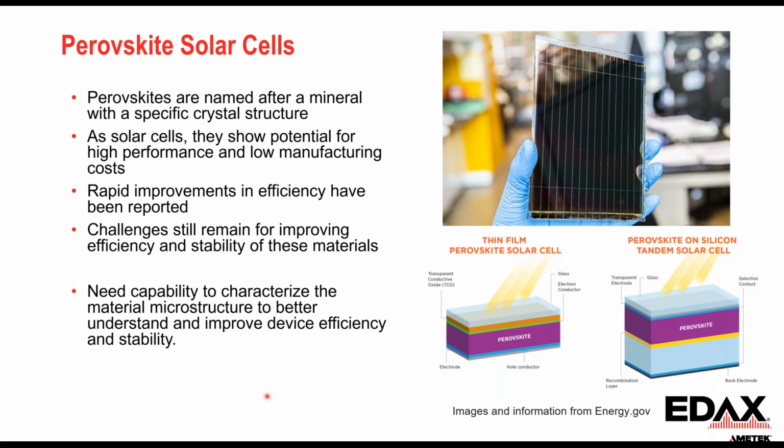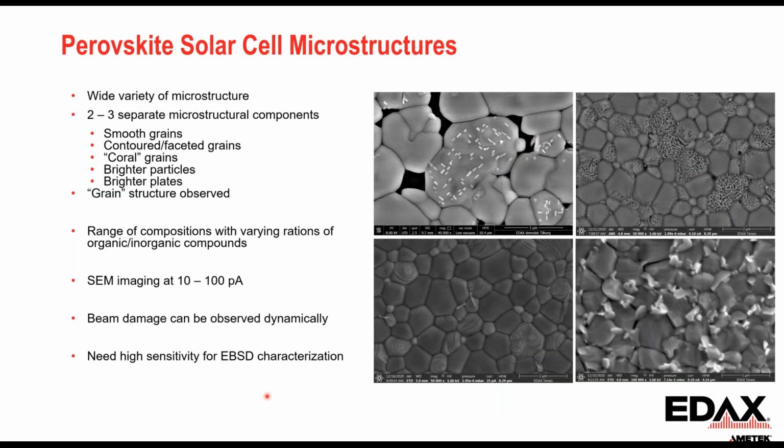As an overview, we've looked at a wide range of materials; again, Perovskite is a catch-all term. There's a wide variety of materials that fall under this umbrella, and a wide variety of microstructures. This is a little array of 4 different samples that we've looked at with a Clarity, with different kinds of structures.